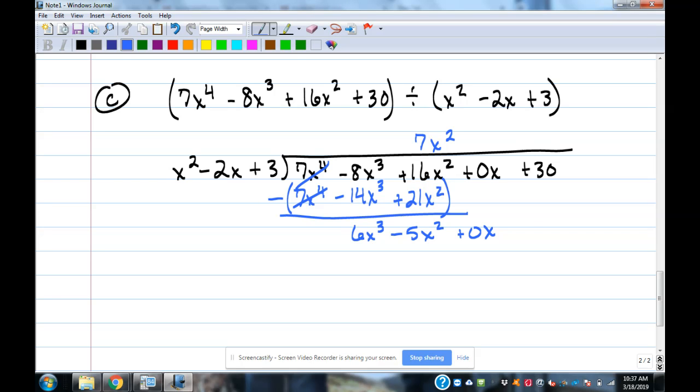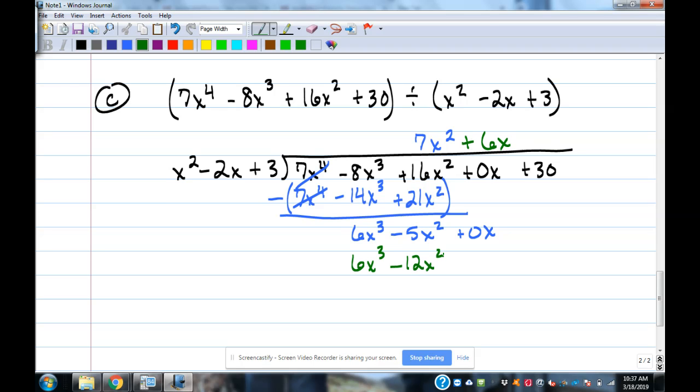I always just wait till I need it to bring it down. I don't need it here because I know my divisor has 3 terms, so I need 3 terms in what I'm dividing into. So, what times x squared gets me 6x cubed? 6x, plus 6x.